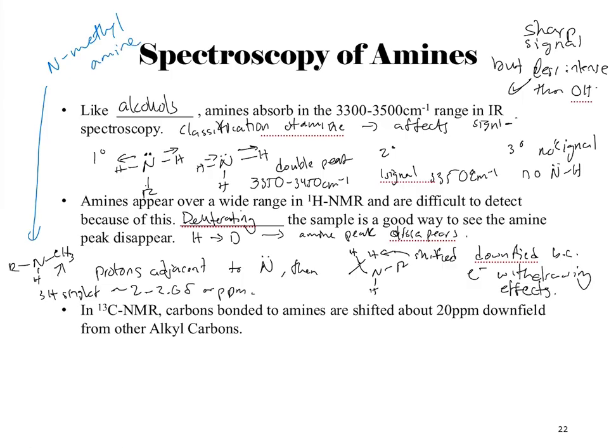In the carbon-13 NMR, carbons bonded to the amine are shifted about 20 ppm or delta downfield from other alkyl carbons.